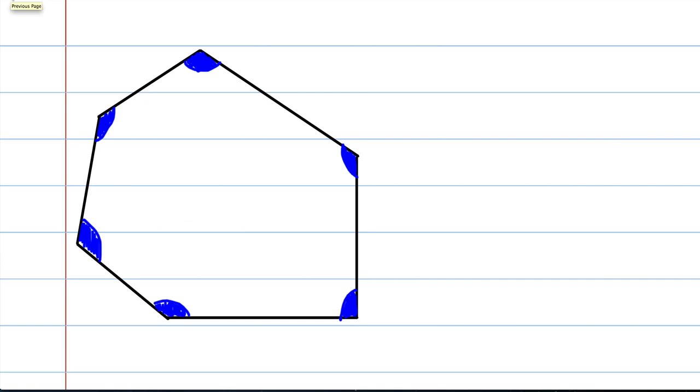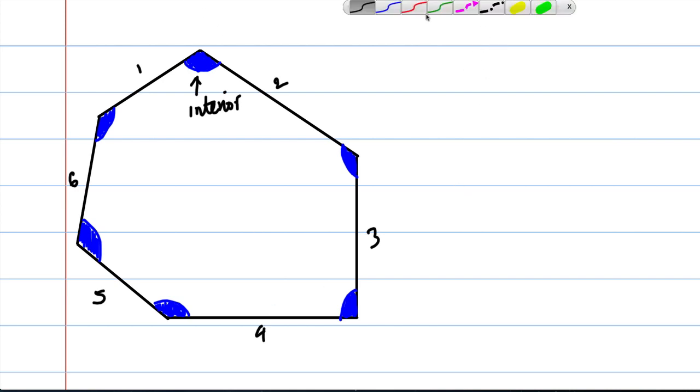Extending this to any shape, I've just drawn ourselves here a 1, 2, 3, 4, 5, 6-sided shape. And so I wonder what all the interior angles, the angles inside, are called interior. Okay, this shape is non-regular. What do all these blue angles add to? Well, the way I would usually work something like that out, probably the simplest way, is pick a corner, any corner, and then draw straight lines from that corner to the other corners, as follows.